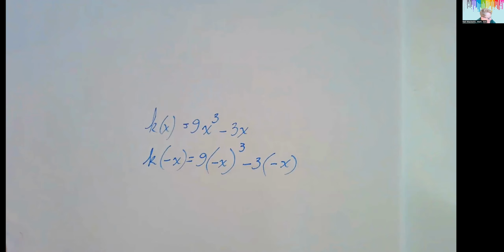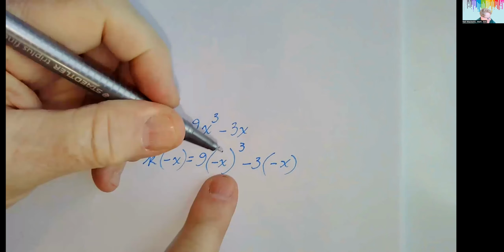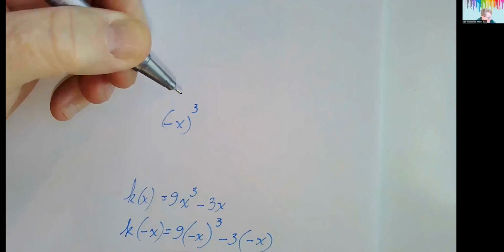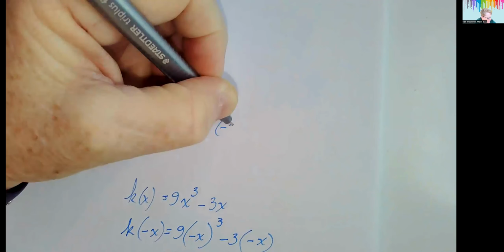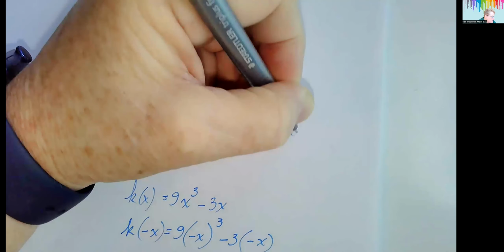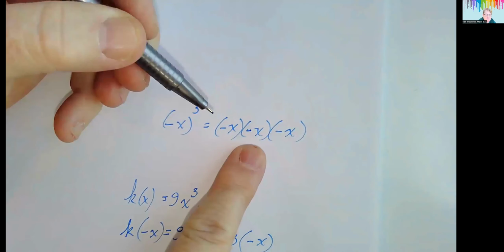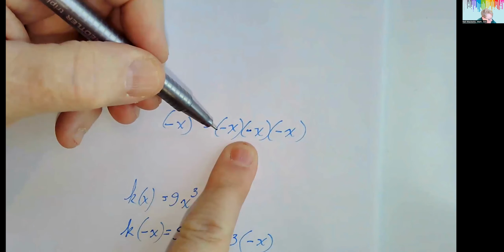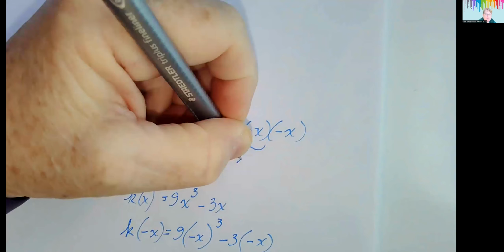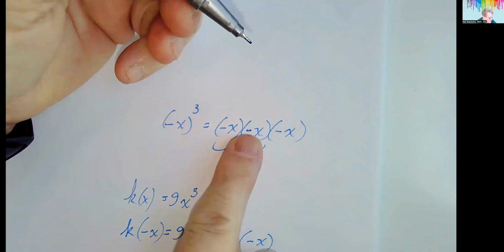Just this negative x cubed. Well, that's the same as negative x times negative x times negative x. The first two, negative times a negative is positive, and x times x is x squared. So we get positive x squared if we multiply 2 of them. x times x is x cubed.